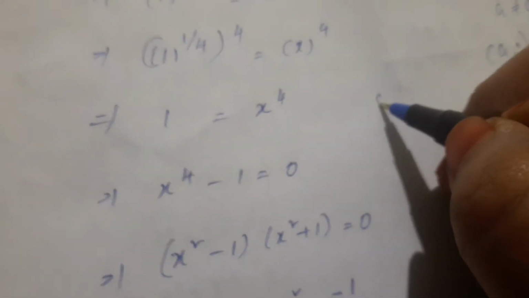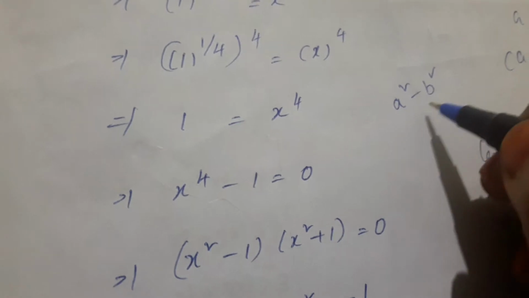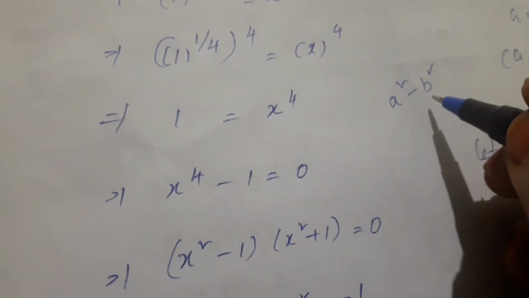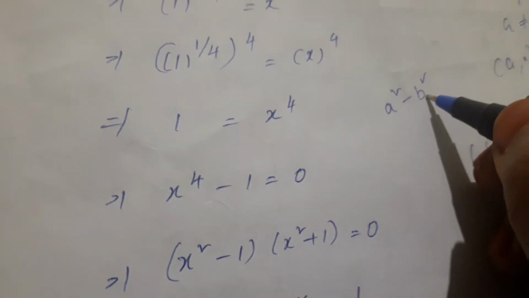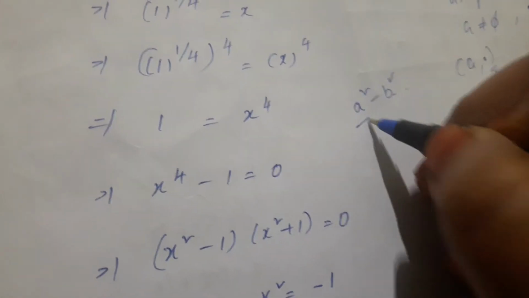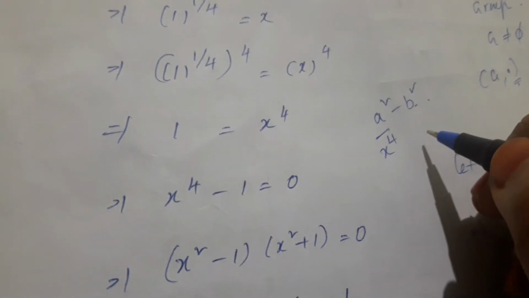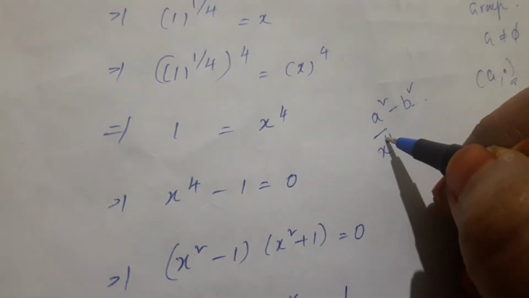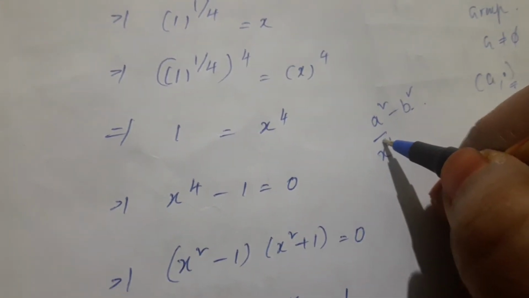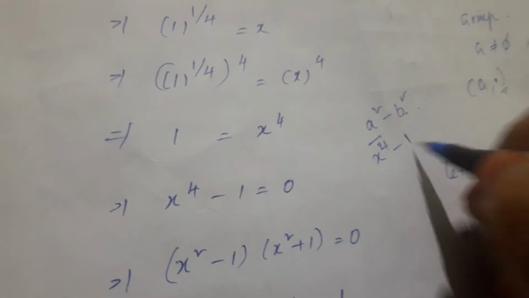Here it is in the form of a square minus b square. Here a square is equal to x to the power of 4 and b square is equal to 1.